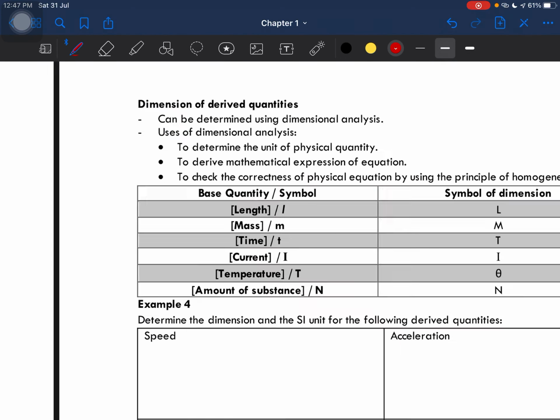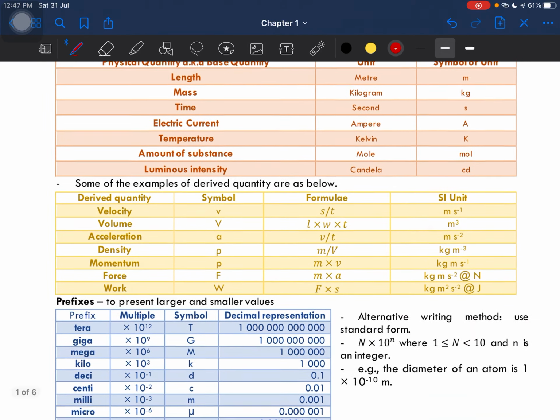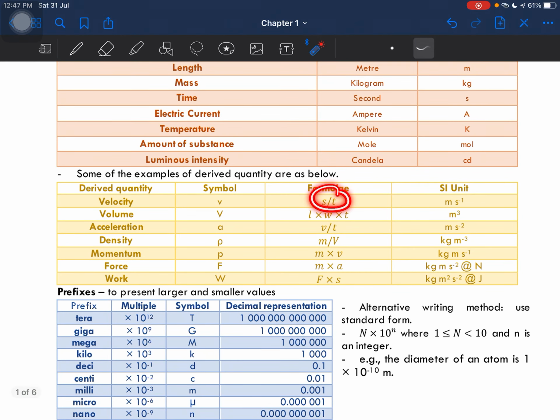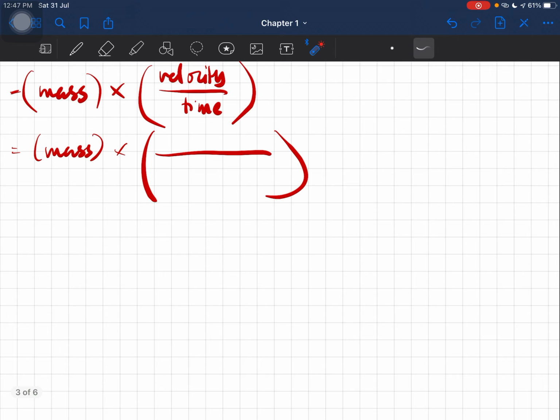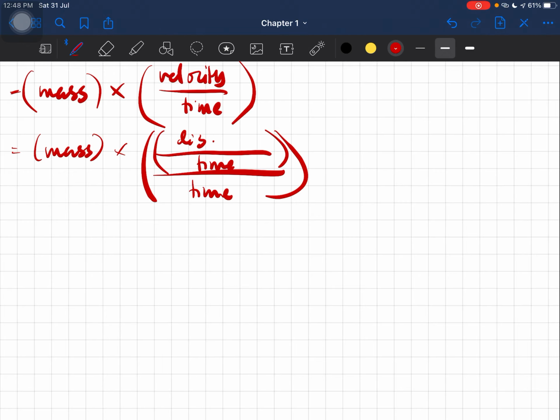So we know that velocity here is equal to displacement over time, and displacement over time over time again.